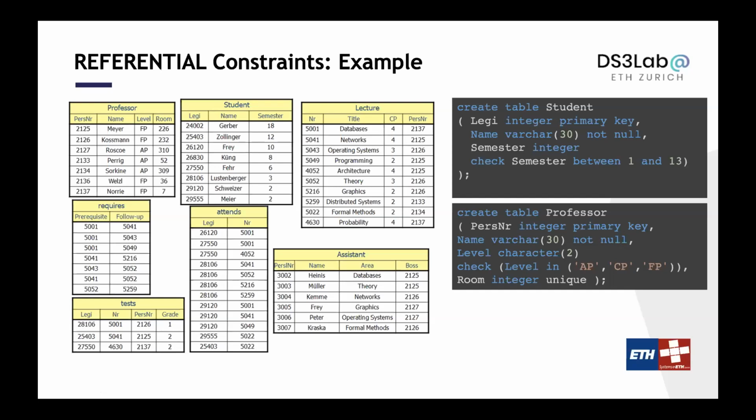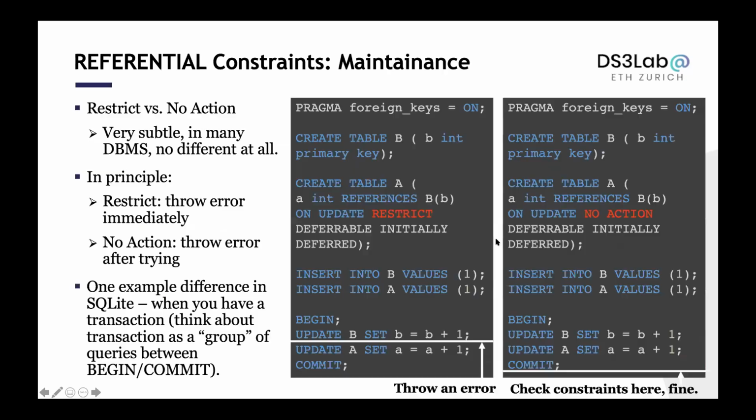Still not restrict. The way I understood it, we do the action and then we check, but the way I understood restrict was the following. Let's assume we have our relation from before.